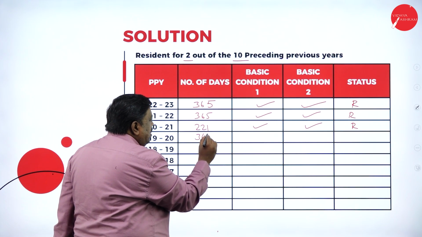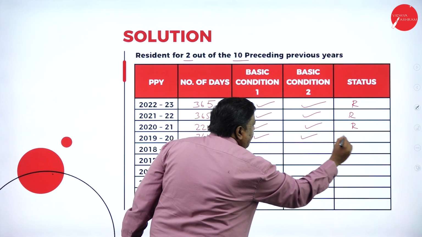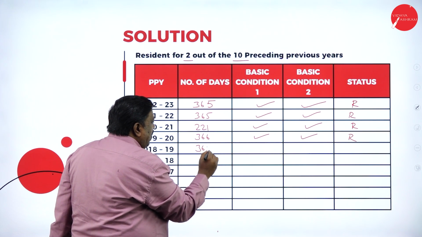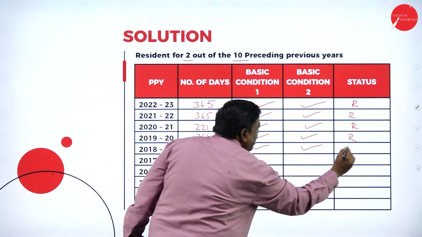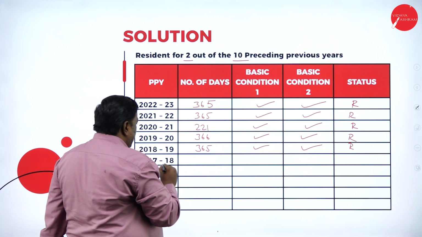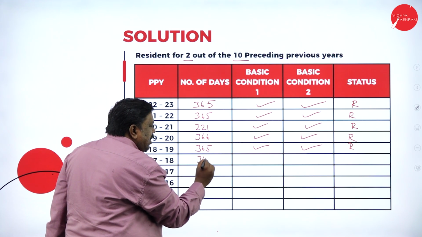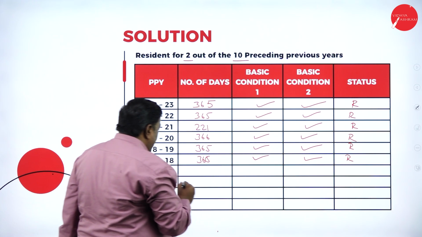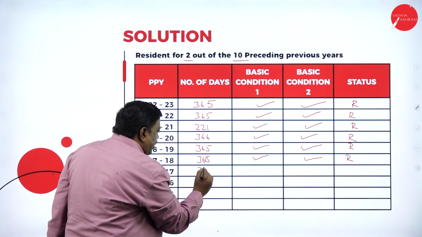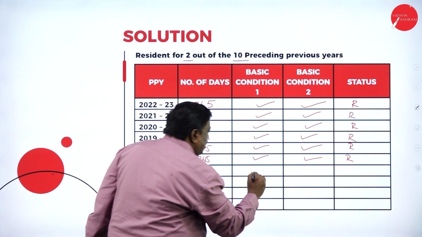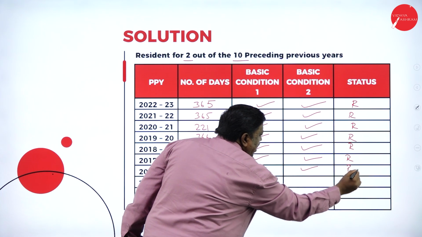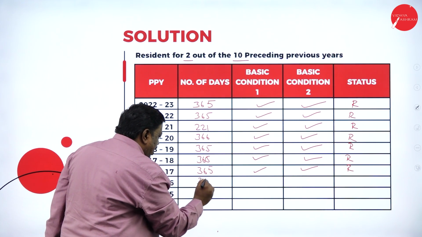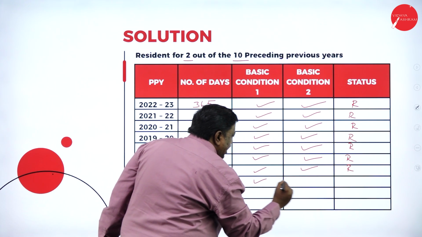2019-20, 366 days. I've satisfied, resident. 18-19, 365 days. I've satisfied, I'm a resident. 17-18, 365 days. Satisfied, resident. 16-17, 365 days. I was in India. Satisfied, resident. 15-16, 366 days.